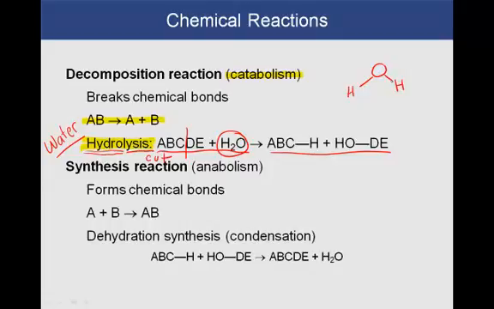One of those covalent bonds is going to break. And a portion, an OH, from one part of that water molecule is going to get attached to one of the products, and the hydrogen from that water molecule is going to get attached to the other. And that's the way we break a chemical through hydrolysis in a decomposition reaction.